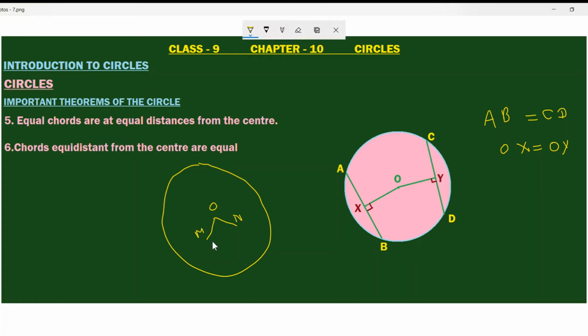Now we need to draw a perpendicular line to this line OM. If we do it like this, we will get a perpendicular line. We will take this as AB. Now chord AB is perpendicular to OM. Again we need to draw a perpendicular line to ON as well.